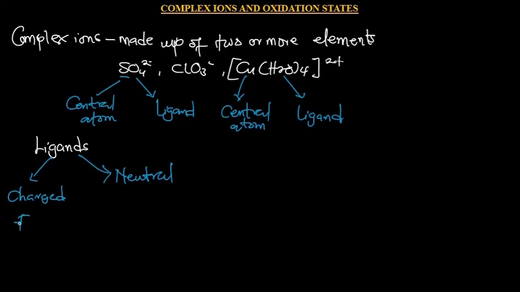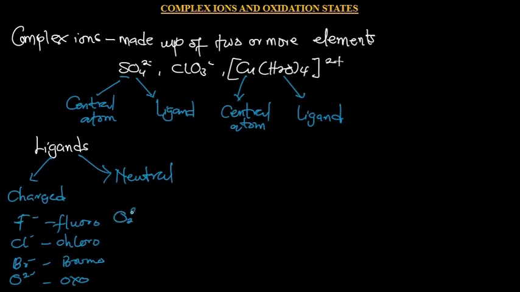Fluorine, when it is charged and it is a ligand, is called fluoro. Chlorine is known as chloro. Bromide is known as bromo. Oxide is known as oxo. If it is a peroxide, that is going to be peroxo.